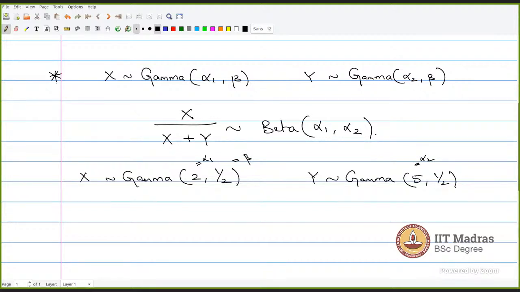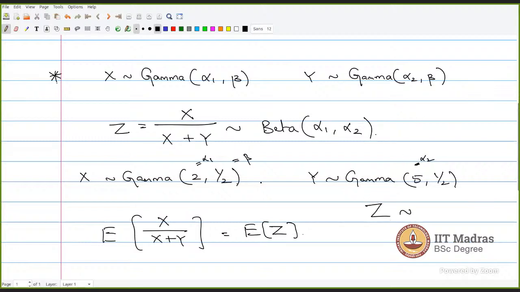And what is the question? The question is about the expected value of x by x plus y. So let me call this z. Ultimately I should find the expected value of z. Now what will z follow? What is the distribution of random variable z? Beta. Now z follows Beta, so see alpha 1 is 2 and alpha 2 is 5.